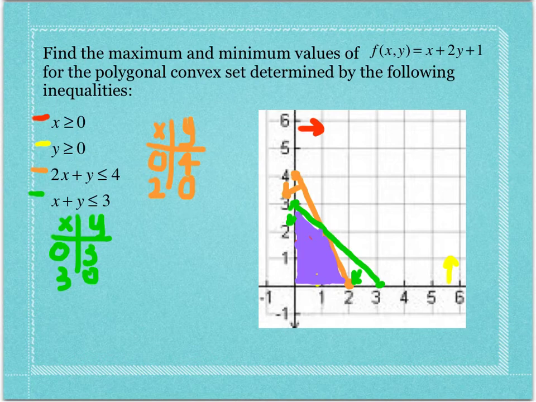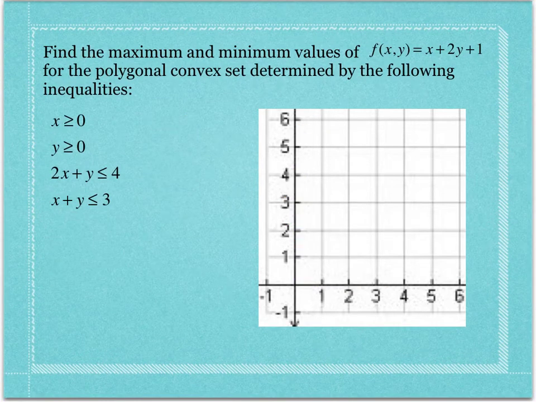All right, so I'm going to go to the next slide and try to remember those points, which are 0, 3, 1, 2, and 2, 0. I'm going to check those points in this particular function.